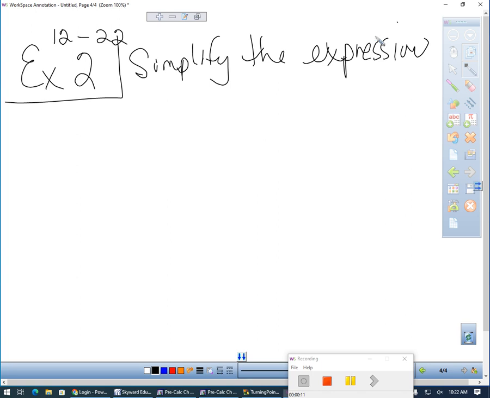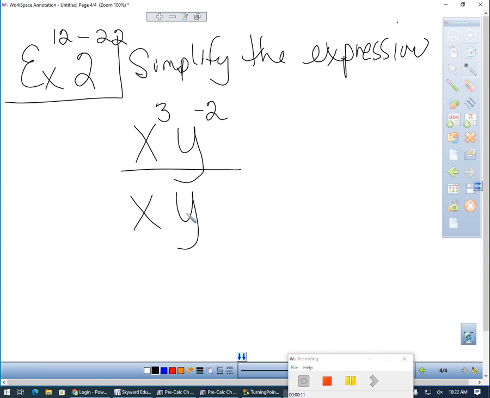So simplifying the expression, let's start off with, how about x to the third y to the negative 2 over x y to the negative 5. All right, so we can't really tell where we have more of anything yet.